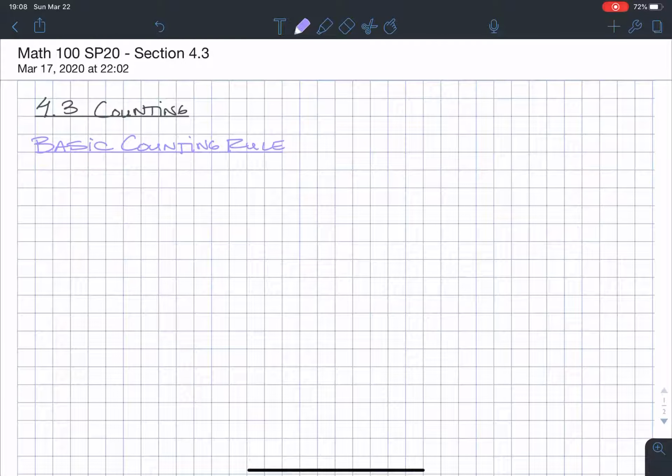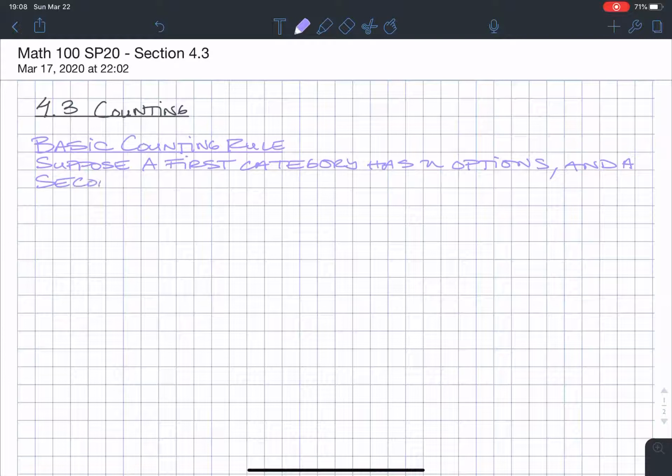Suppose a first category has, let's say, n options to choose from, and a second category has m.